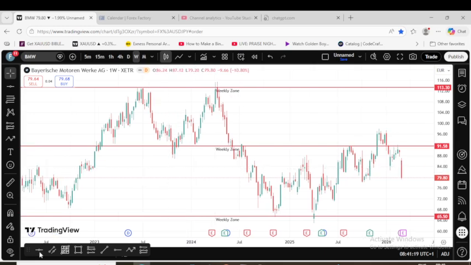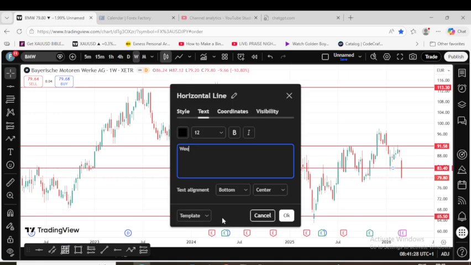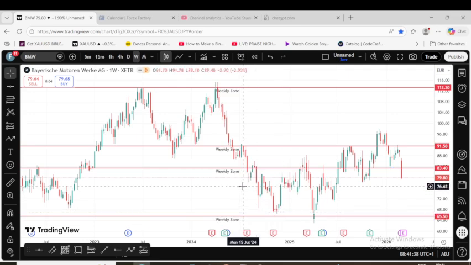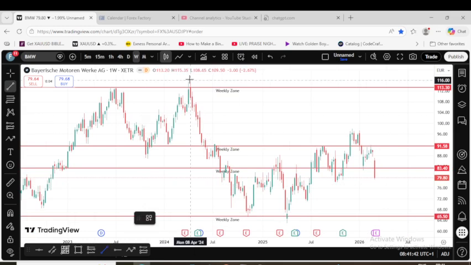We have another weekly zone here, although it's not very clear because it looks like it has been violated, but it actually has not been violated. So we have a weekly zone here. Now that we've identified our weekly zones, let's see what we can do for trend lines.